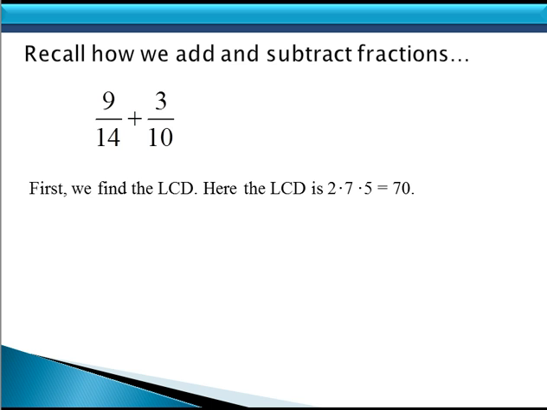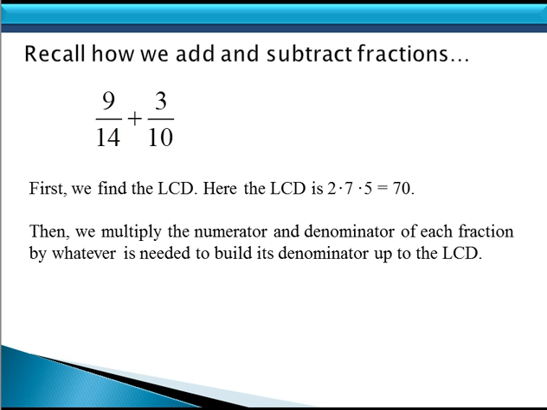Now we want to rewrite these fractions into equivalent fractions that have denominators of 70. To do that, we multiply both the numerator and denominator of each of these fractions by whatever is needed to build its denominator up to the least common denominator. What would we have to multiply 14 by to get 70?